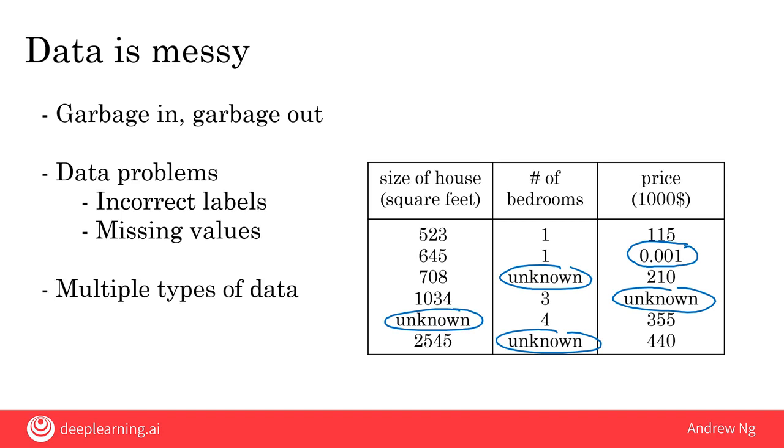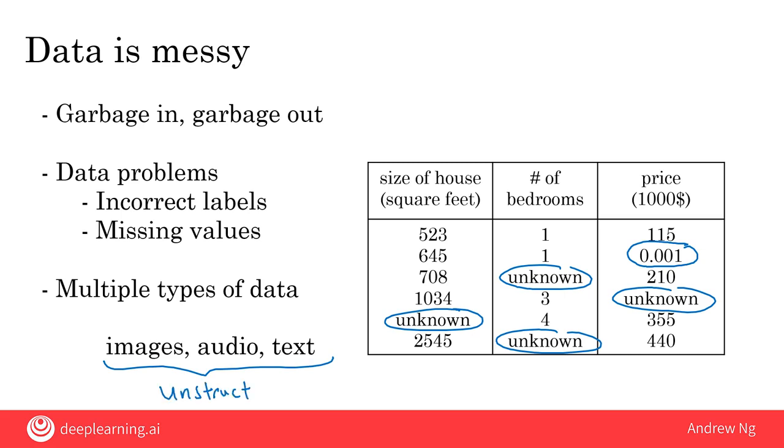And there are also multiple types of data. For example, sometimes you hear about images, audio, and text. These are types of data that humans find very easy to interpret. There's a term for this. This is called unstructured data. And there are certain types of AI techniques that could work with images to recognize cats, or audio to recognize speech, or text to understand if an email is spam.